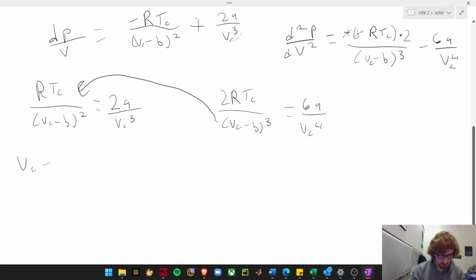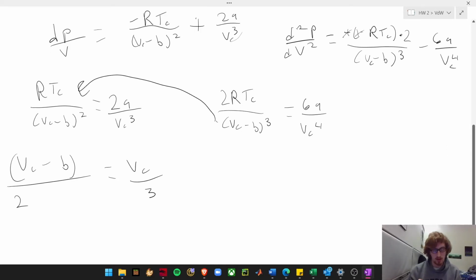We'll end up with our critical volume minus B over 2 is going to be equal to, and you can just trust me on this, or you can do it yourself, the critical volume divided by 3. And from here, it's some pretty simple algebra. We just multiply both sides by 2/3. So we end up with 3 times our critical volume minus 3 times B is equal to 2 times our critical volume.